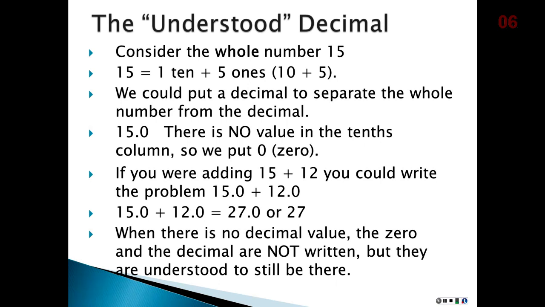You would get 27.0. 27.0 is exactly the same as just 27. You can put that 0 in the tens place and it doesn't change the value. That's the key here. If you need to put some zeros to help you visually, then go ahead and put that understood decimal place there. It helps sometimes.